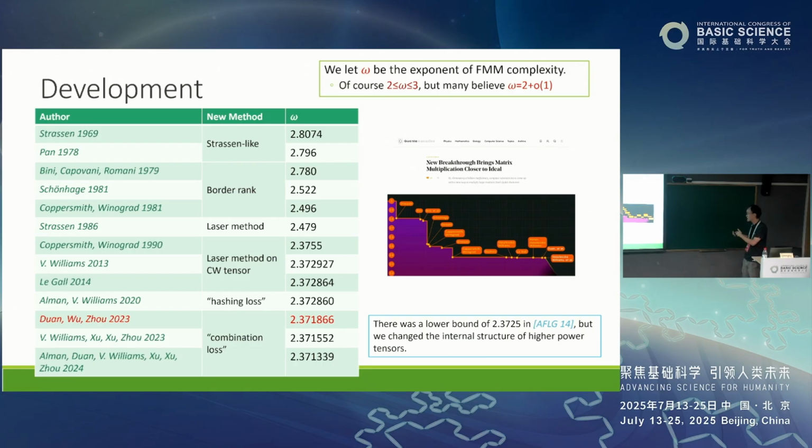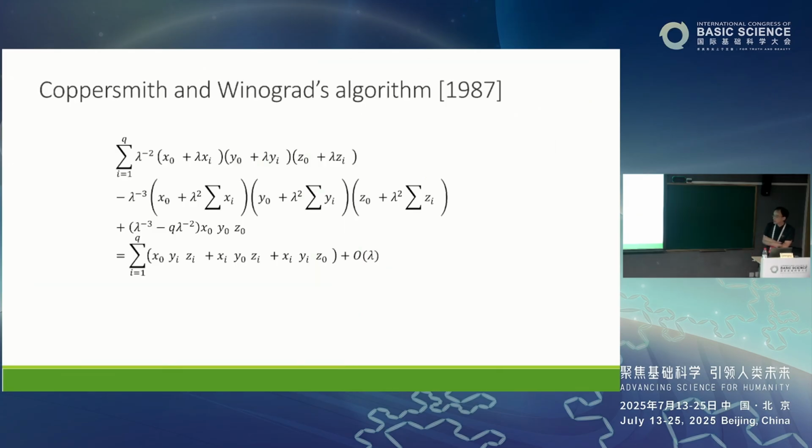But in fact, we changed the internal structure of the higher power tensor, so we can break such a lower bound. It doesn't satisfy the condition of such a lower bound. So first we will see the Coppersmith-Winograd algorithm.